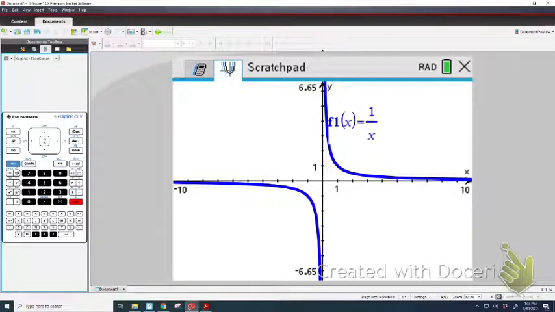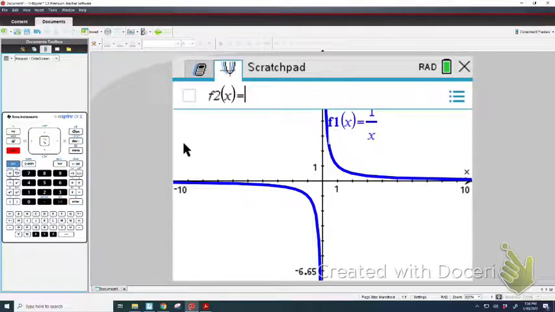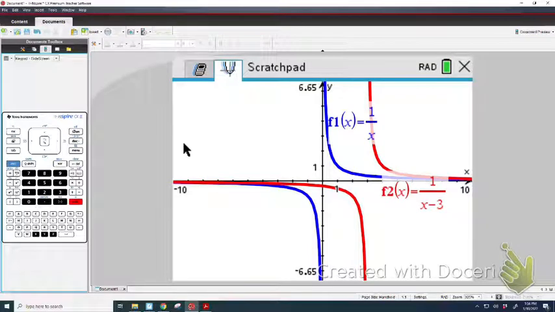I have number 1 still in here, so just hit tab, and we can type 1 divided by, now be careful here, I want x minus 3 in the denominator, so I'm going to use a parenthesis, x minus 3, and I got it.